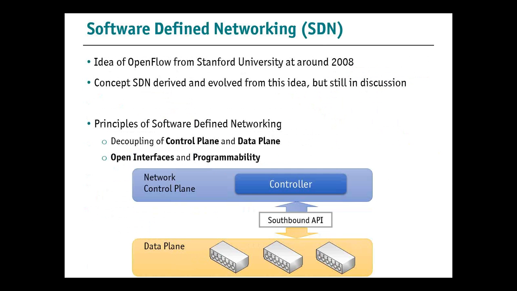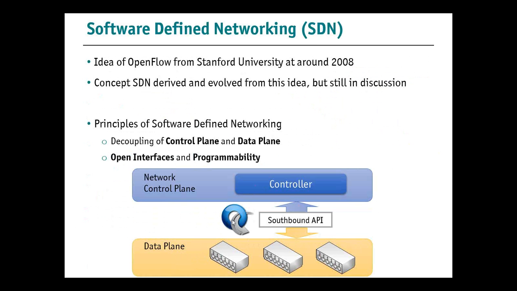And this at the same time results in the second principle, the logically centralized entity. This entity can consist of multiple physical or virtual instances, but at the end it will behave as one single component. And SDN itself brings some open interfaces with it, like for example the southbound API, which can be seen here, and located in the southbound API is the OpenFlow protocol I just mentioned.